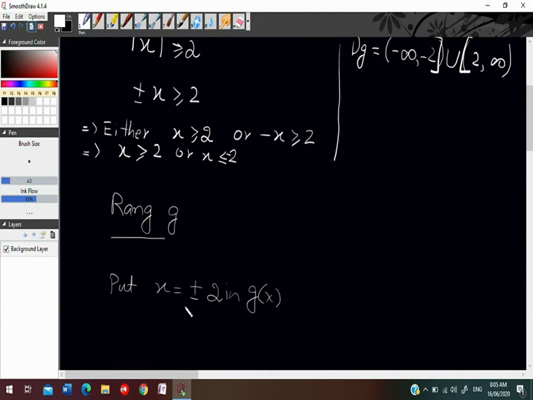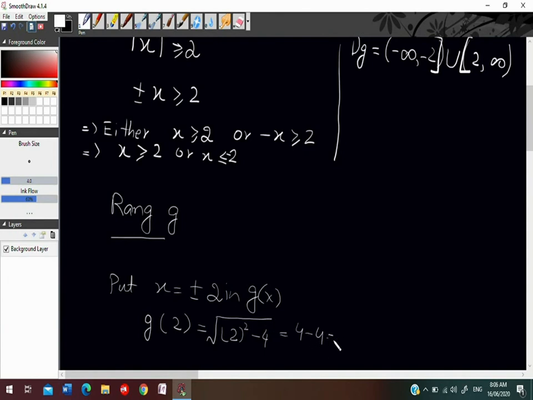So we have the points for our x, and we just put the points in our function and we get the range of our function. When we put g of 2 equals 2 square minus 4 under root, that is 4 minus 4 equals 0.